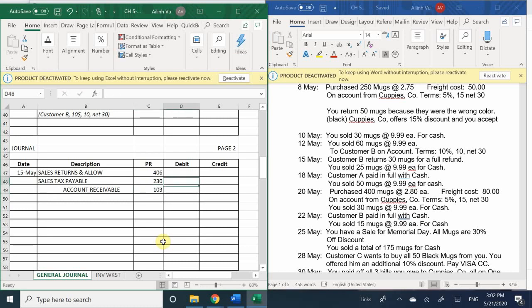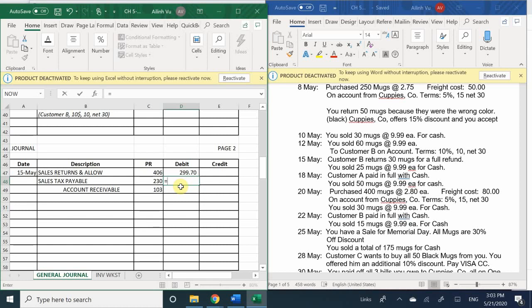Now let's go ahead and calculate. We are giving him a full refund. How much did the mugs cost and how much are we returning back to him? 30 mugs at $9.99 each. So $299.70.